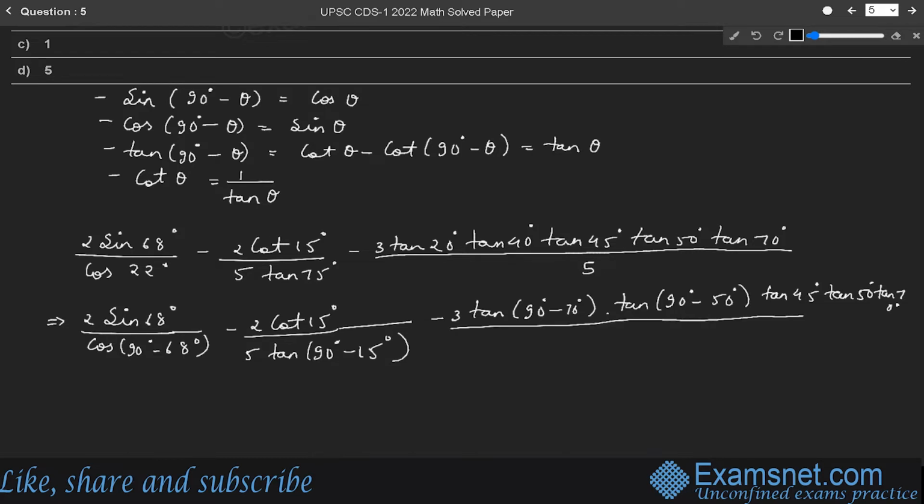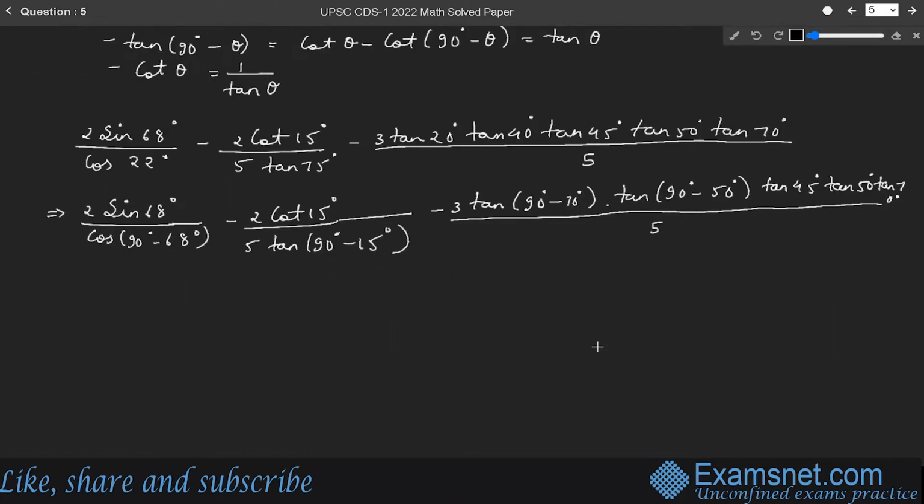So on further solving this step, we will get 2 sin 68 degrees upon sin 68 degrees, because we know that cos(90 minus theta) is sin theta. See, we are using the concepts now. So I hope it is clear to you. Minus 2 cot 15 degrees upon 5 cot 15 degrees.